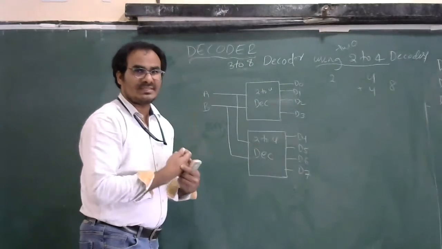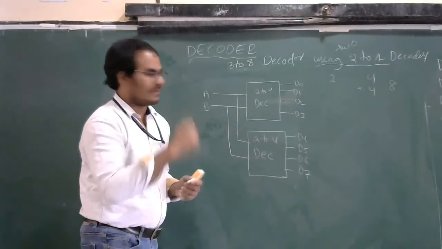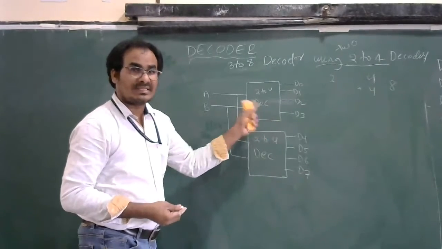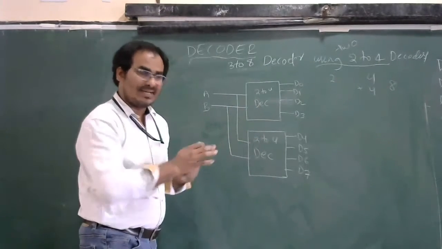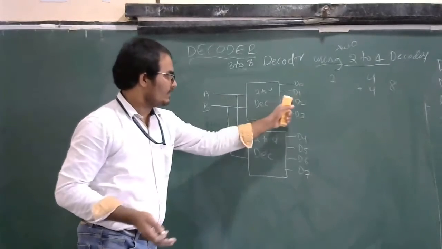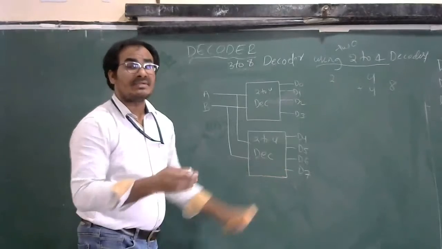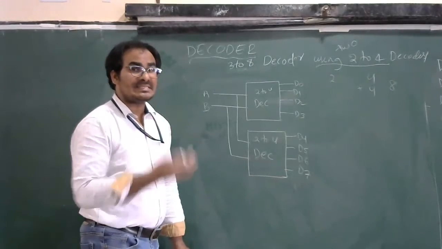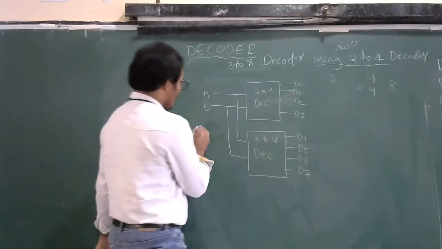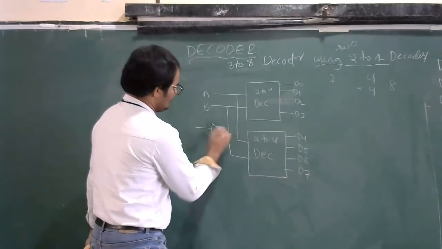Now, where is the logic? The logic is that at one instance of time we enable this decoder, that means this decoder will work, and at the other instant the other decoder will give the output. Totally it will give 8 outputs. But for a 3 to 8 decoder it needs 3 inputs. Where is the third input? That is our enable input.